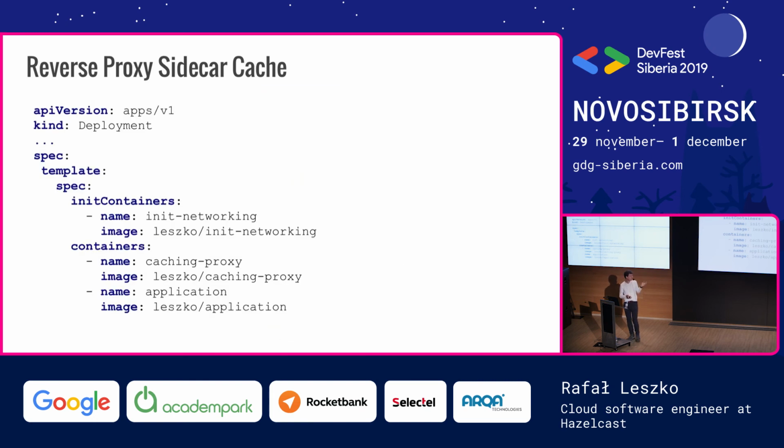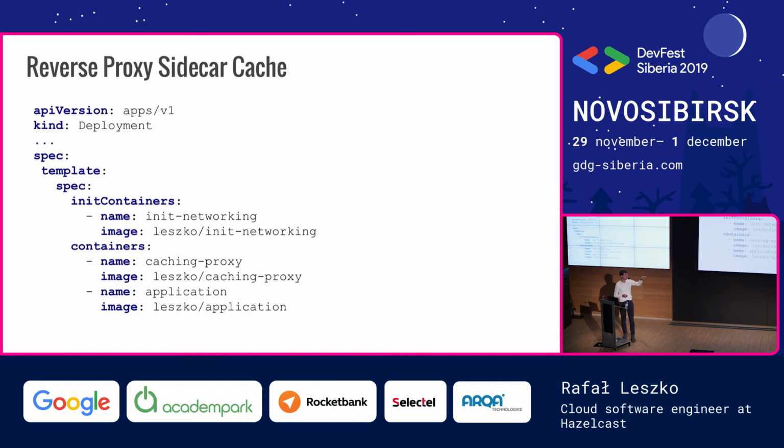Sticking to Kubernetes, this would look something like this. You have our application. Let's start maybe from the bottom this time. At the bottom, we have our application, so this doesn't change. Then we have this caching proxy, which is this kind of interceptor. But we also need to have one more image, an init container, which is run once before your pod actually starts.